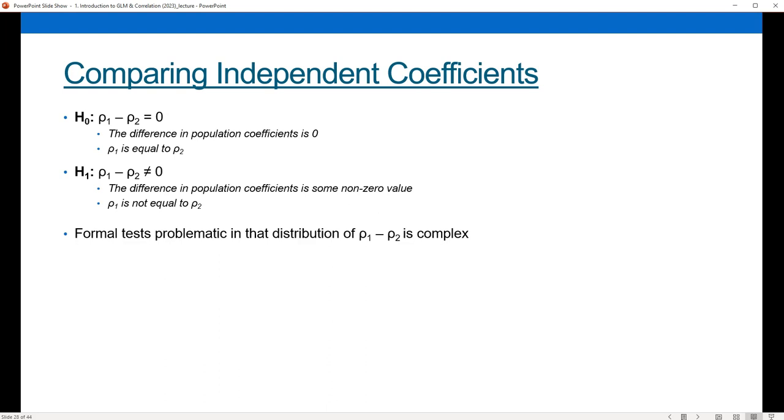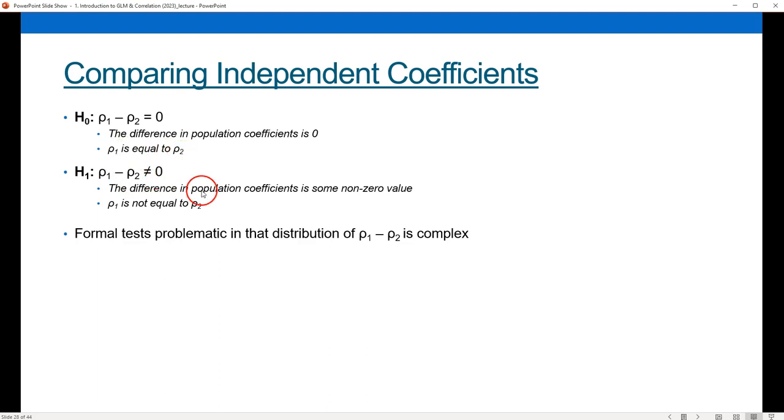Okay, and so our null hypothesis is that the population correlation for population 1 minus the population correlation for population 2 is equal to 0. There's no difference in the population coefficients. Essentially, we're saying rho 1 is equal to rho 2.